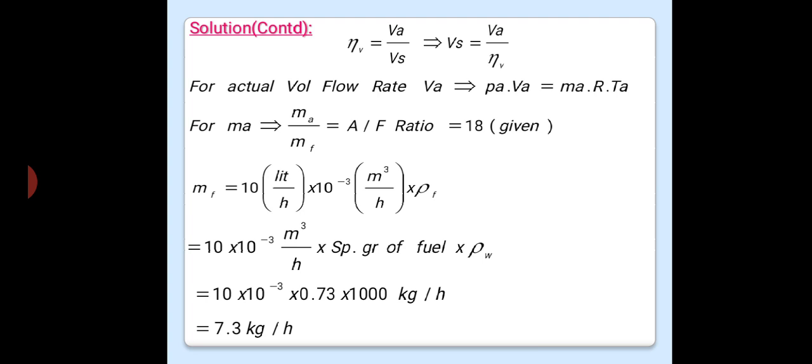So we are going to substitute the values: liter per hour into 10 raised to minus 3 in meter cube per hour into specific gravity of fuel they have mentioned into density of water. So we can get mass of fuel consumed is equal to 7.3 kg per hour.